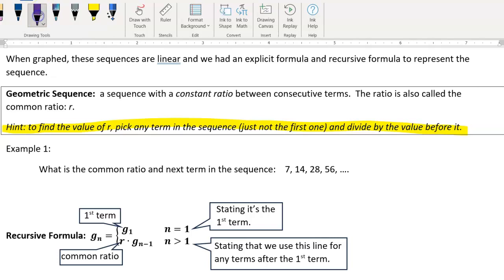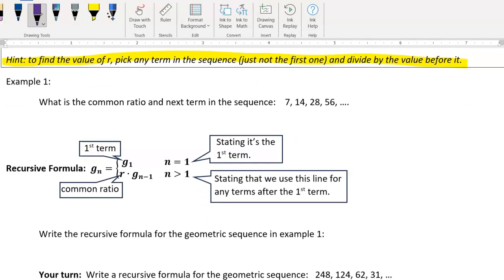All right. So with that sequence, we could represent it using a recursive formula. Down here, it gives us that recursive formula. Some parts of that recursive formula to be aware of: the top row, just like with the arithmetic sequence, identifies the value of the first term.